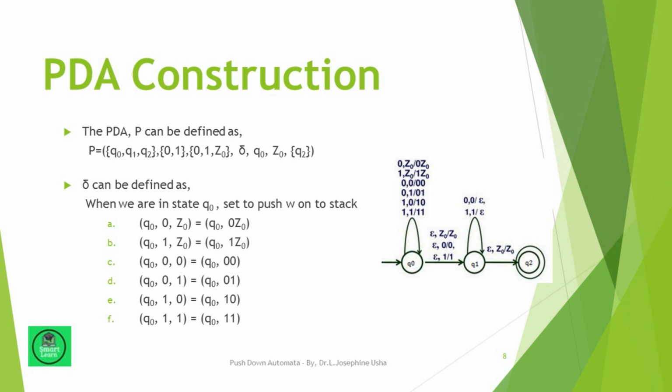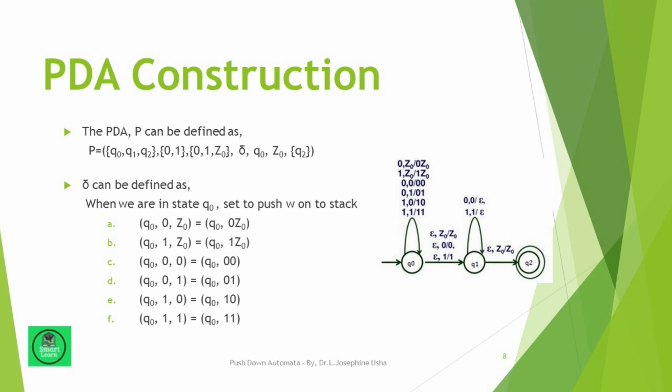Next let us see how we can write the transition function delta. Suppose first you are in the state Q0. You have to consume the symbols in W, and whenever you read a symbol from W, you just push it into the stack. Initially you are in the state Q0 and the initial stack content is Z0.